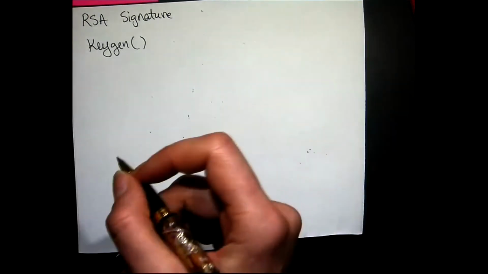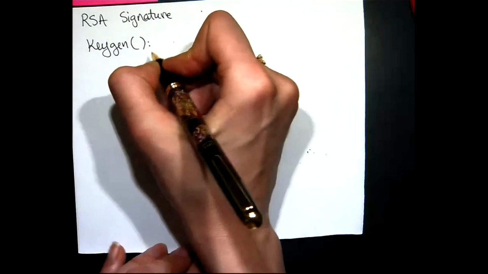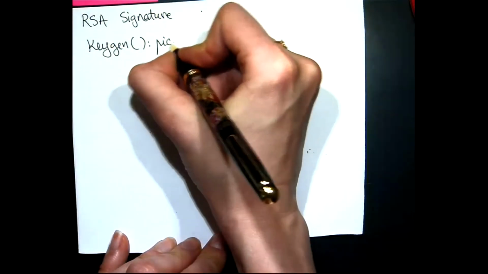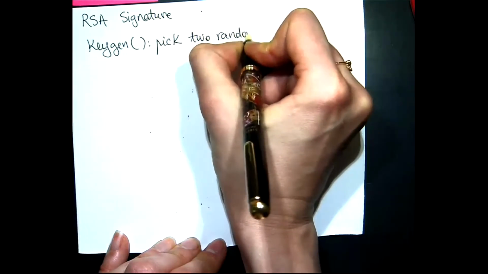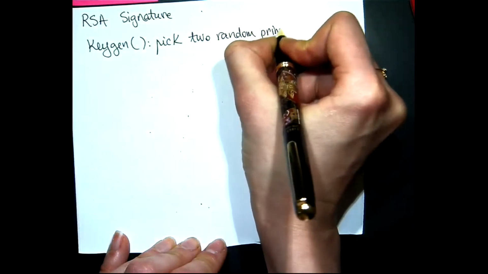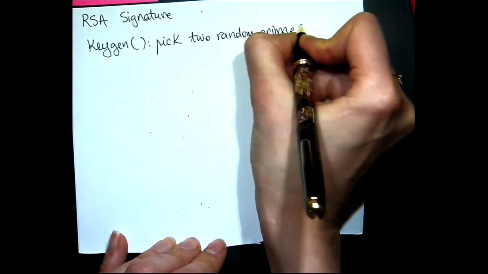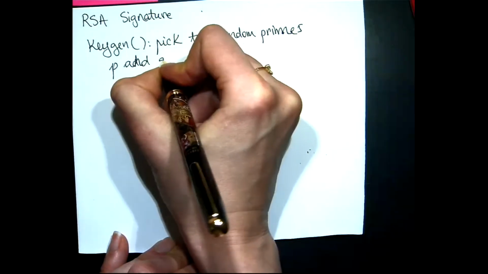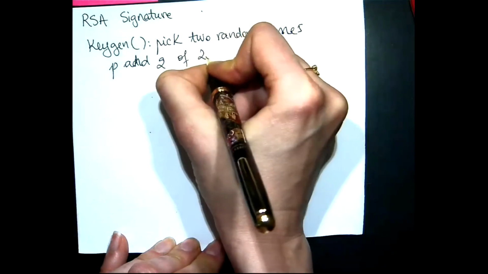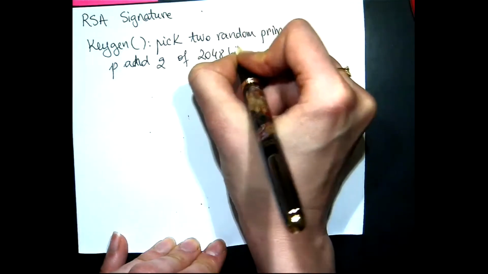So for keygen, what is going to happen is that we're going to pick two random primes, P and Q, of 2048 bits.